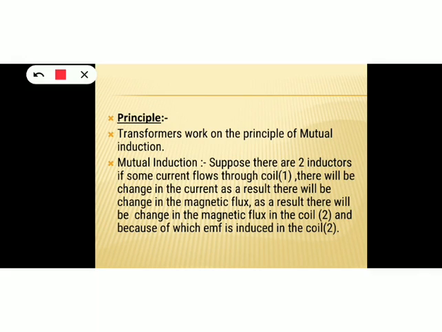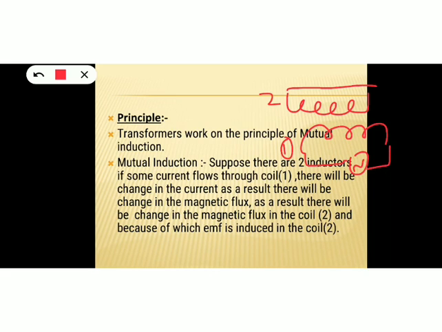So if we have two coils like this, let this be our coil 1 and let this be our coil 2, and coil 1 is connected to an AC source. When coil 1 is switched on, current starts to flow through it, and that will be an AC current, and AC current changes its magnitude every time.